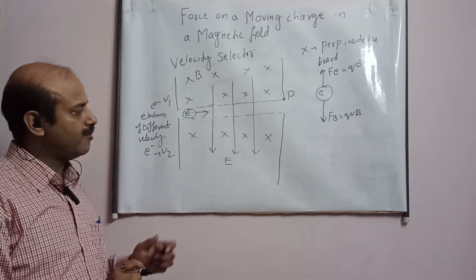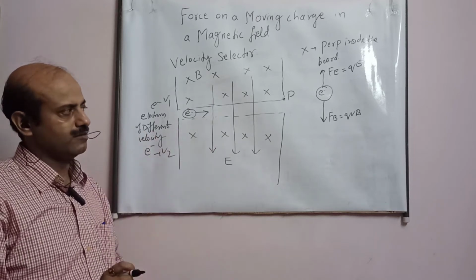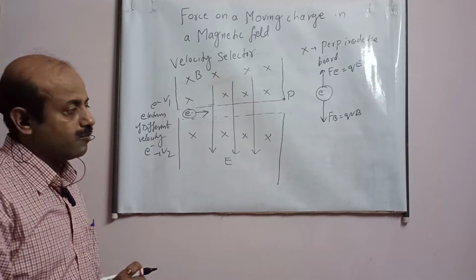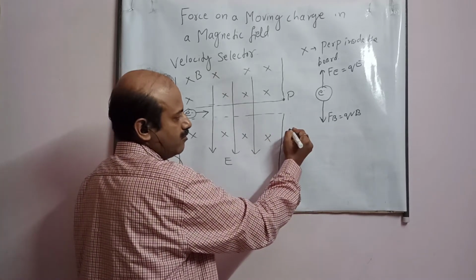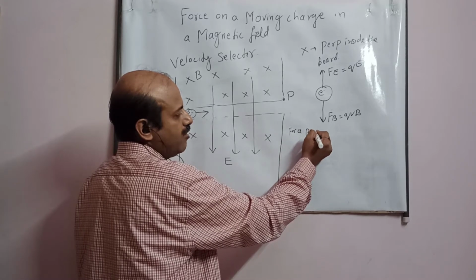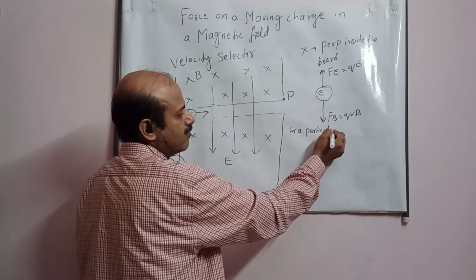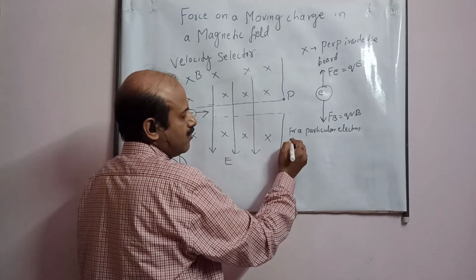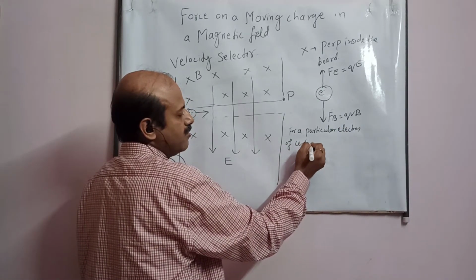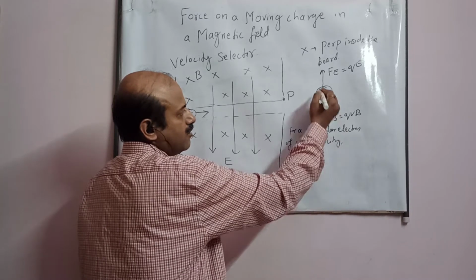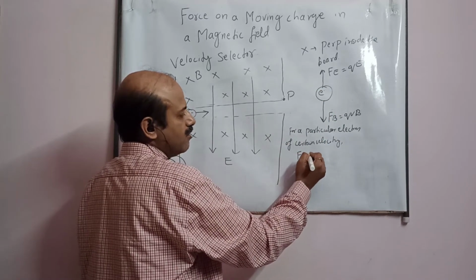So as I said, we have electrons of different velocities. Okay, student. Now suppose for a particular electron of certain velocity, this force becomes equal.